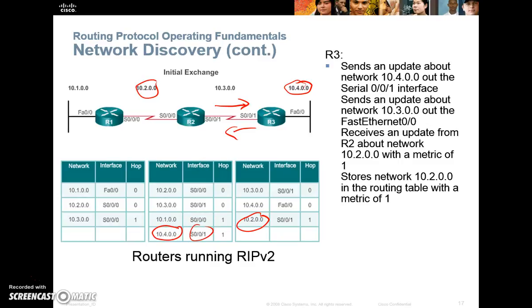But this routing table is not complete yet, because R1 still does not know that this network exists, so there's no 10.4 inside the routing table for R1. And R3 also does not know that 10.1 exists. This route does not exist in R3's routing table, so we need another step.